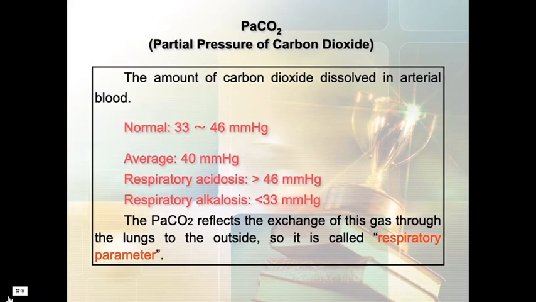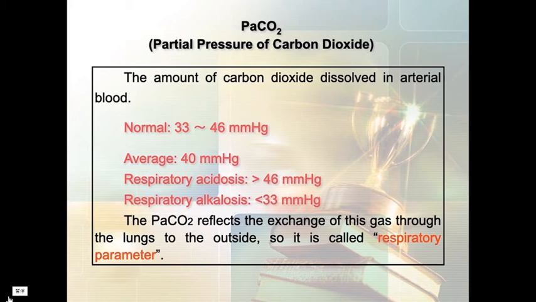Partial pressure of carbon dioxide, PaCO2. The amount of carbon dioxide dissolved in arterial blood. Please pay attention to arterial blood, not venous blood. The normal range is from 33 to 46. The average is 40.